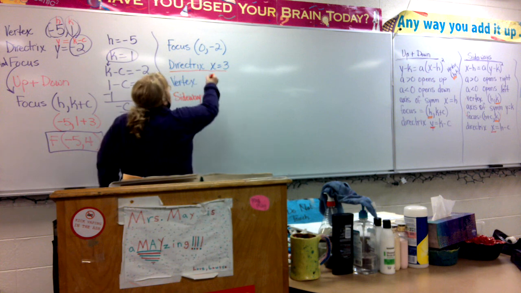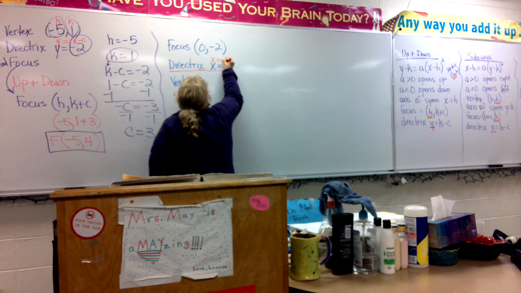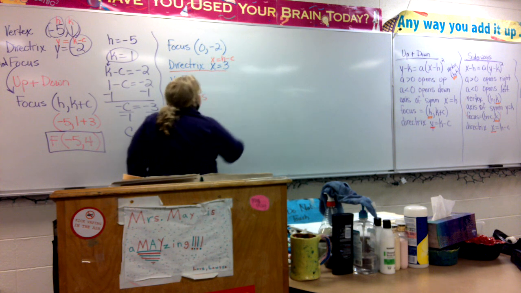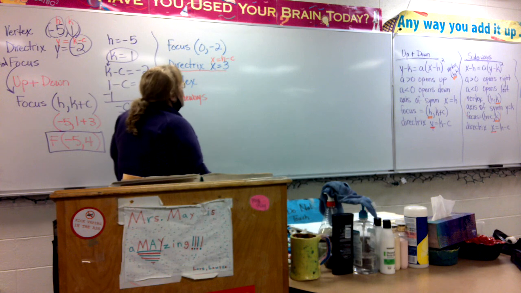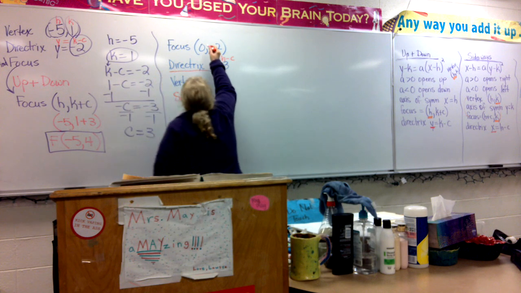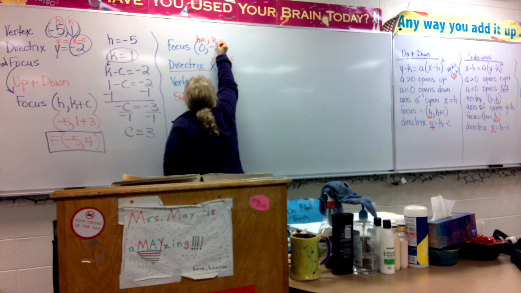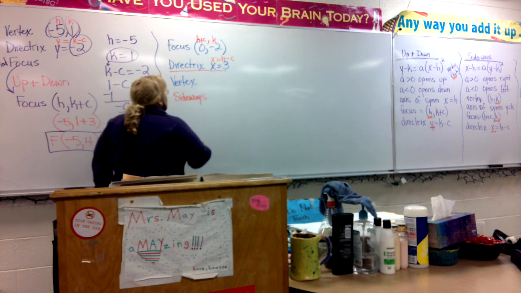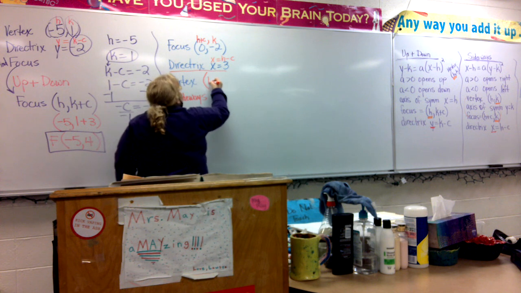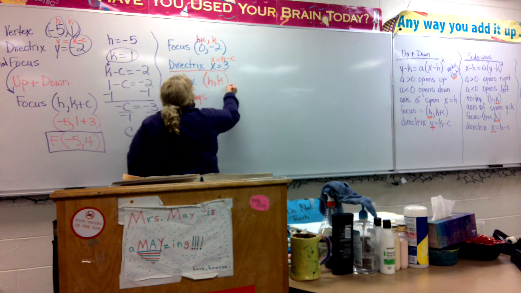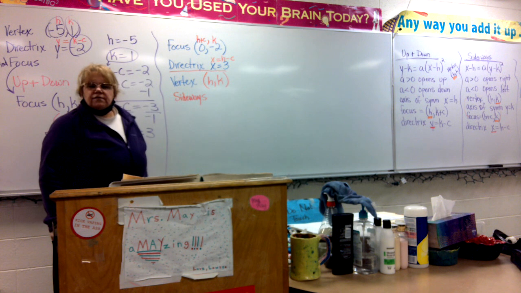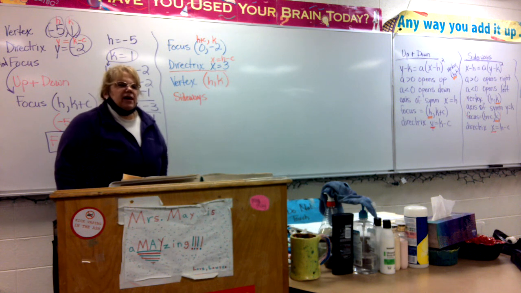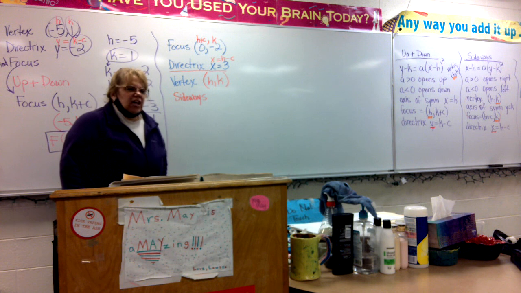And with a sideways, the directrix is h minus c, I think. And with a sideways, the focus is (h plus c, k). And with a sideways, the vertex is (h, k). The vertex is actually (h, k) with an up and down, too. The vertex is always (h, k).